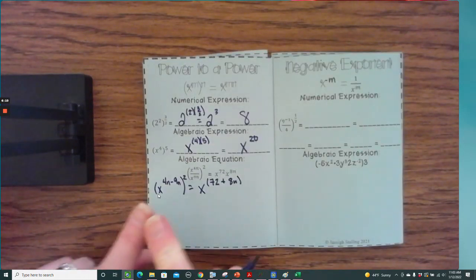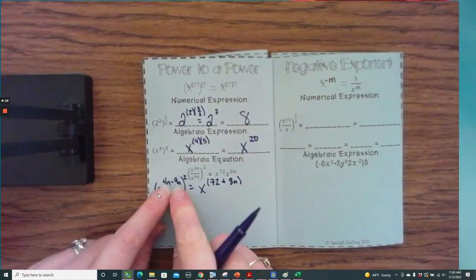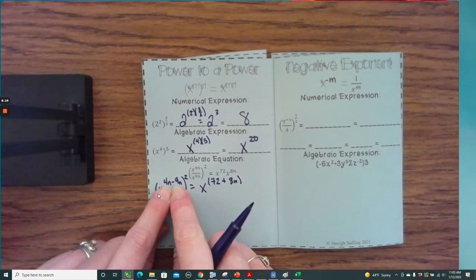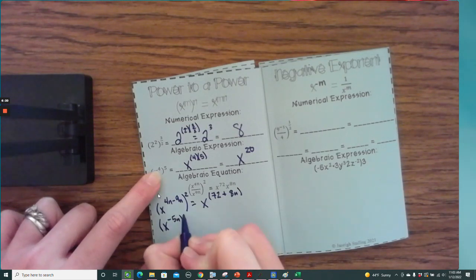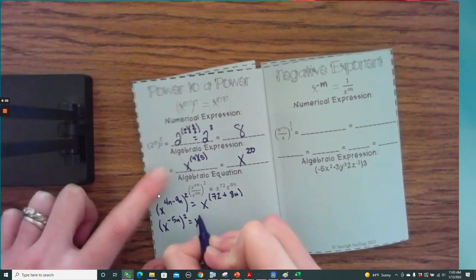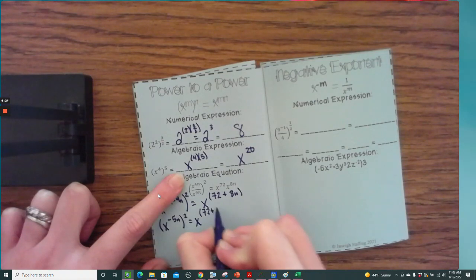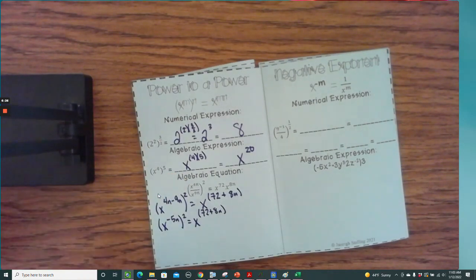Okay, now we need to simplify this piece. So 4n minus 9n is x to the negative 5n, and it's still squared, equals x to the 72 plus 8n. So we just take it a chunk, a piece at a time.